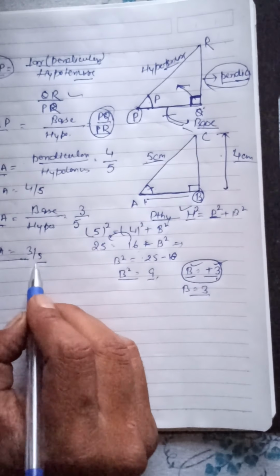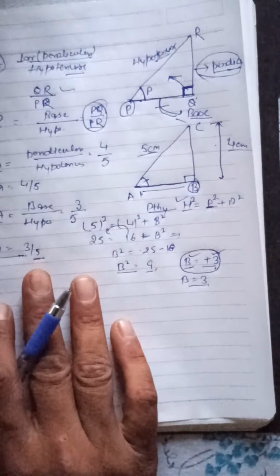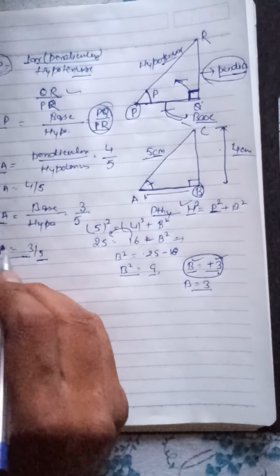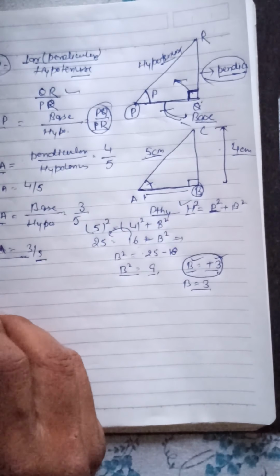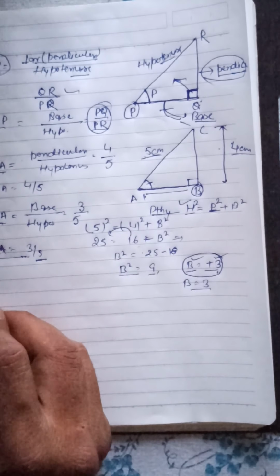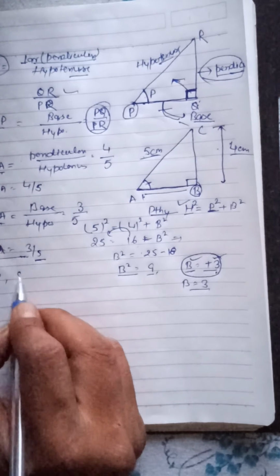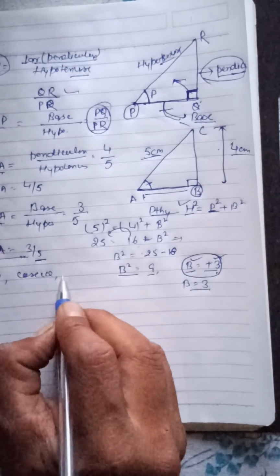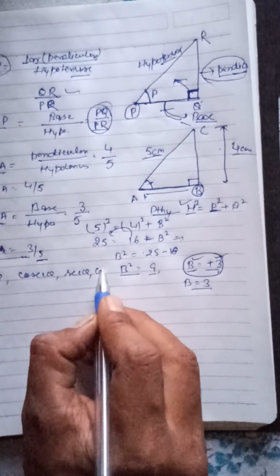So till now it's enough. Tomorrow we're going to discuss the other angles that remain: tangent theta, cosecant theta, secant theta, and cotangent theta.